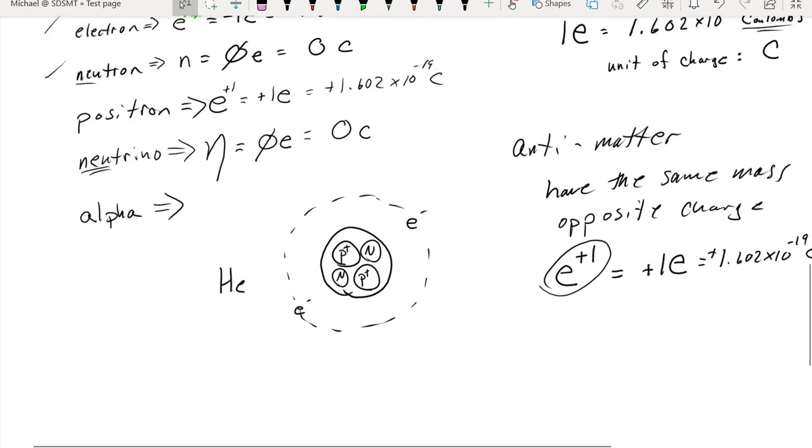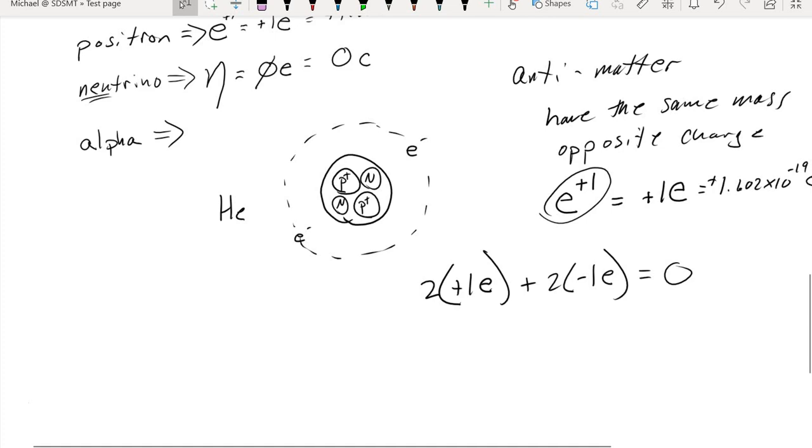And so this helium atom has a net charge of 0. If we were to add up all of the charges, we have 2 positive elementary charges in the form of the 2 protons. We have 2 negative elementary charges in the form of the electrons, and so we get a net charge of 0.